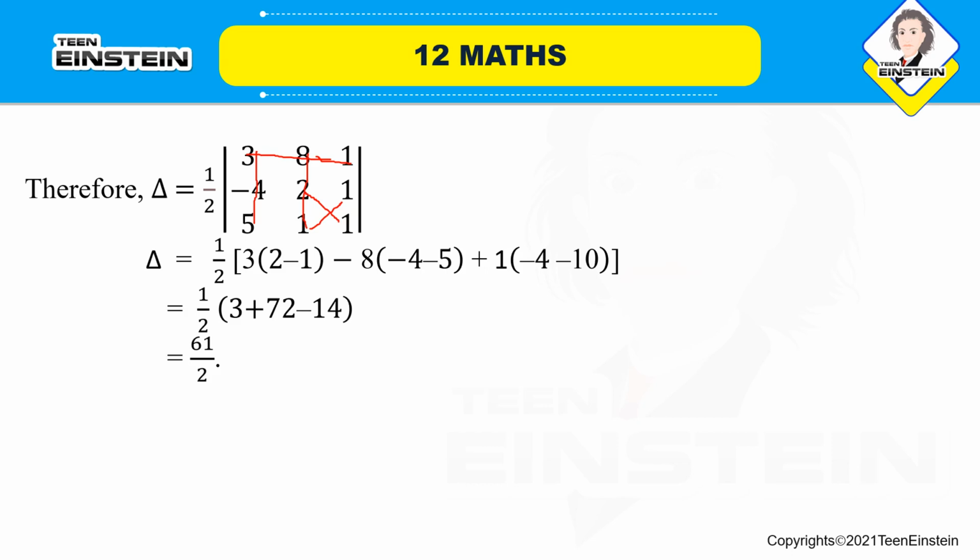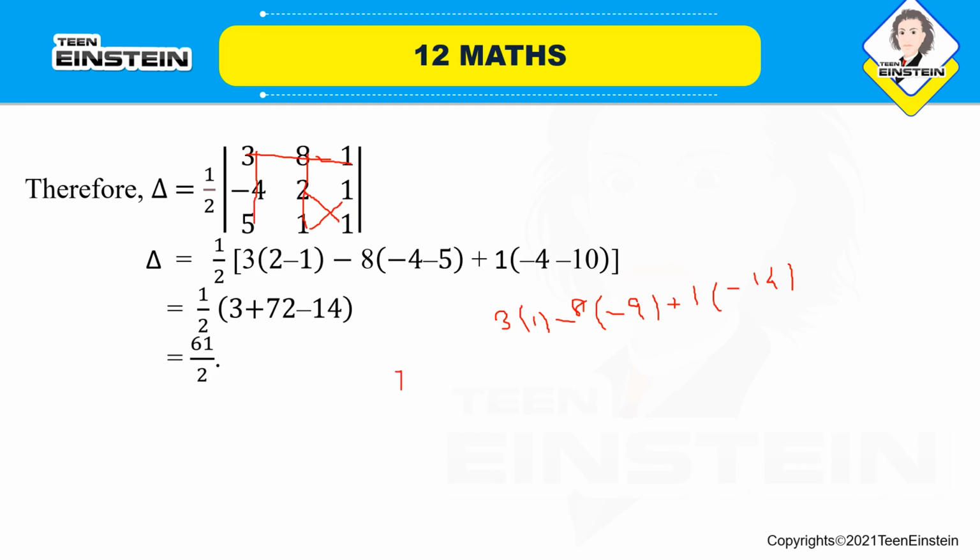Okay, now simplify this. So 3 into 2 minus 1 is 1, minus 8 into minus 4 minus 5 is minus 9, plus 1 into minus 4 minus 10 is minus 14. Okay, so what you are getting is 3 into 1 is 3, minus 8 into minus 9 is plus 72, and this gives minus 14.